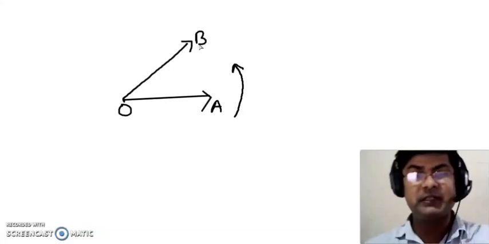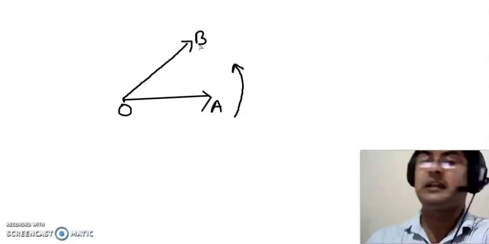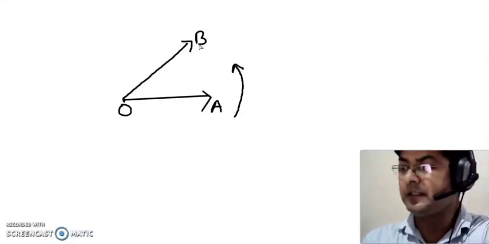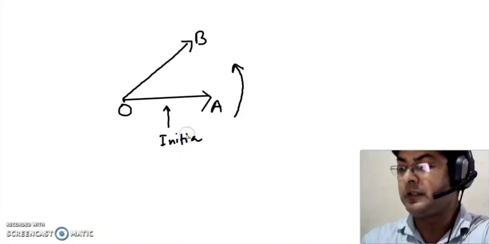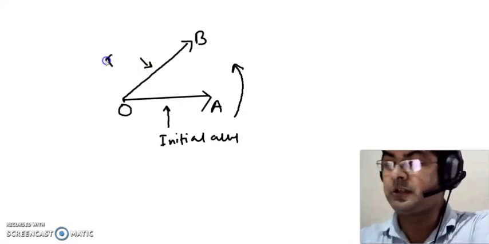The rotating ray is called the generating line. So here the rotating ray OA is called the generating line. Its initial position is called the initial arm, and the final position is called the terminal arm.